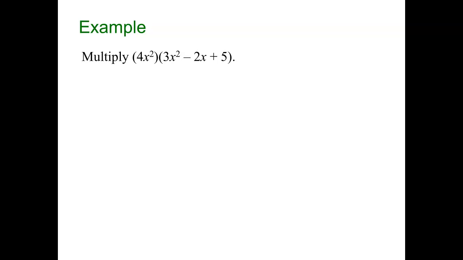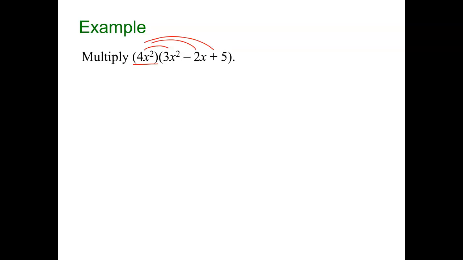Multiplying polynomials is just distributive property. Now, depending on the complexity, there may be some combining like terms added into it. Okay? But it's just distributive property. So every term in the first polynomial will be multiplied by every term in the second polynomial.